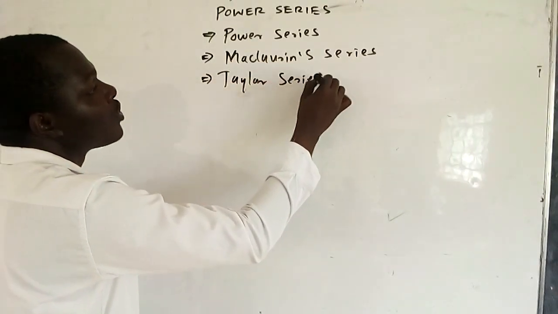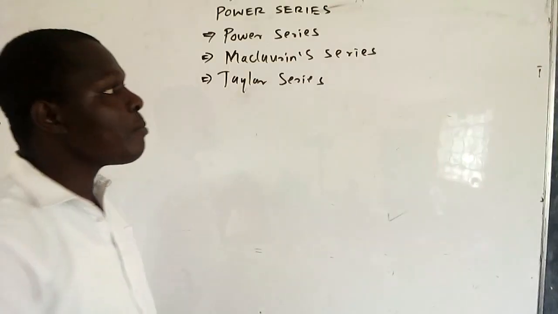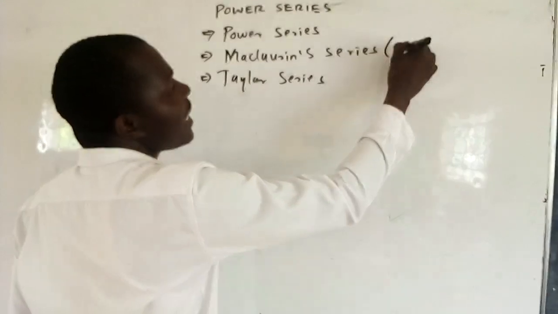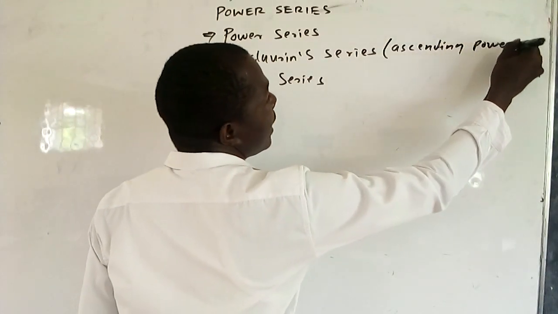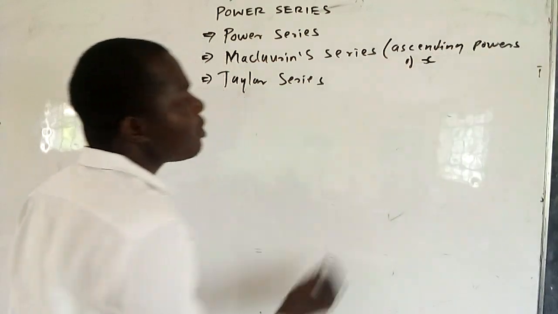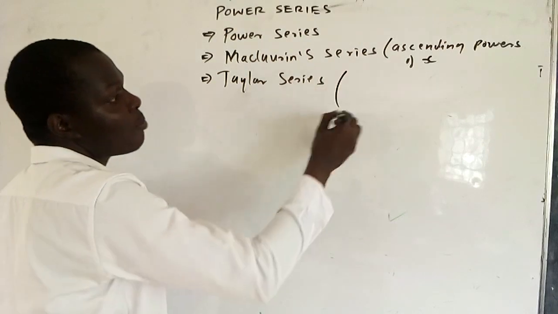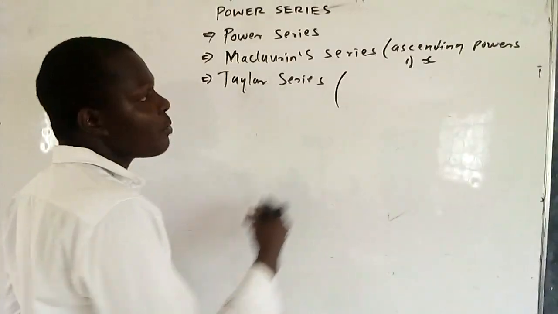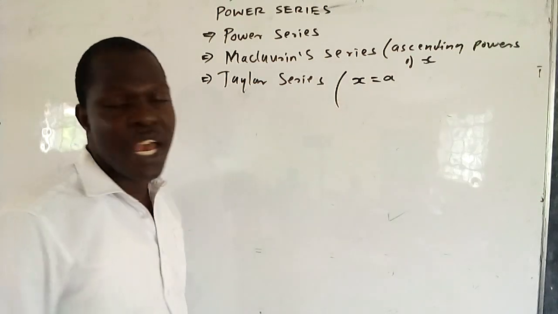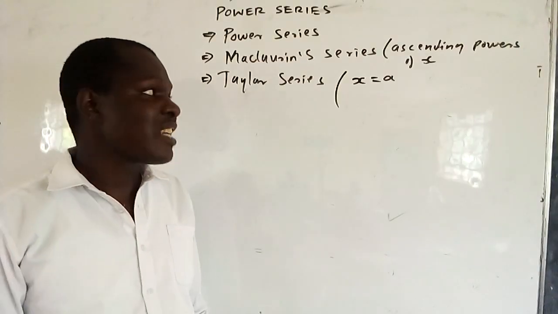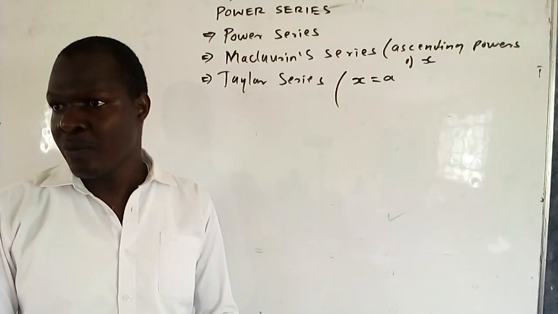Taylor series. So the Maclaurin series, if you have a function f of x, it is only Maclaurin series which can expand a function f of x in ascending powers of x. Only Maclaurin series can do that. The Taylor series expands at the point when x is equal to a, meaning it can be ascending powers of x minus 1, x plus 1, x plus or minus anything, isn't it?